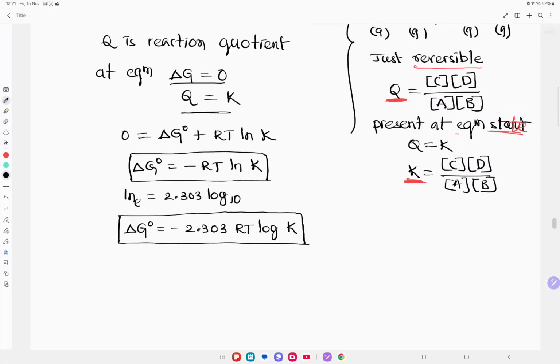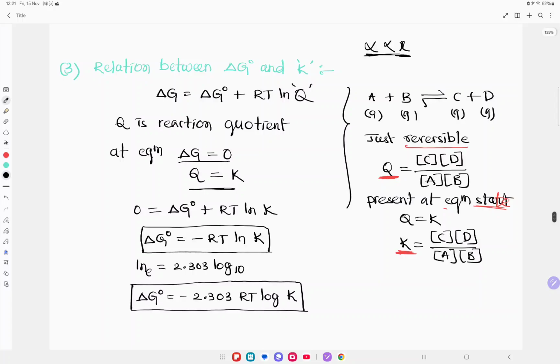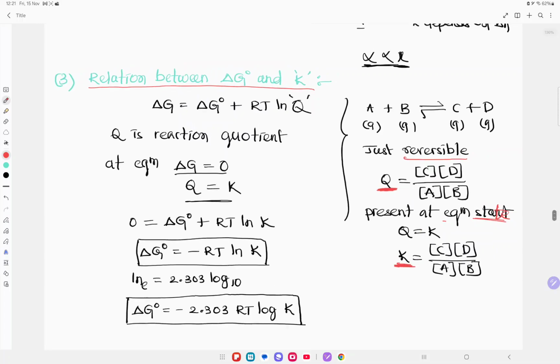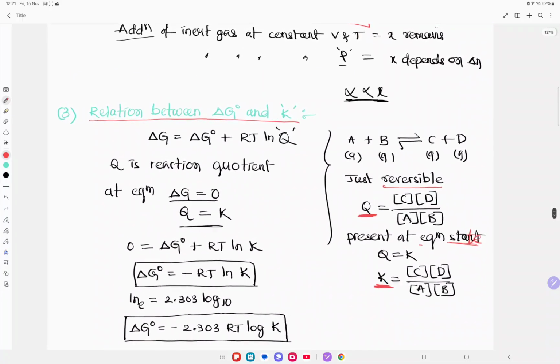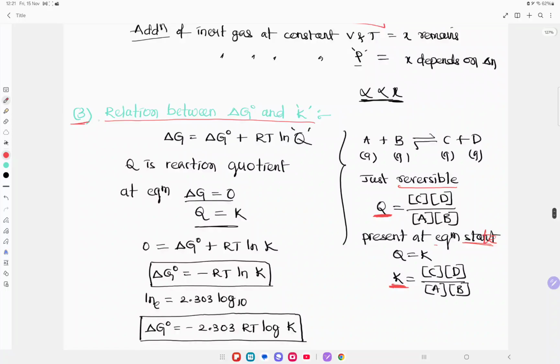This is about the relation between delta G naught and K, the standard Gibbs energy change of an equilibrium reaction and the equilibrium constant K. This is our third topic.